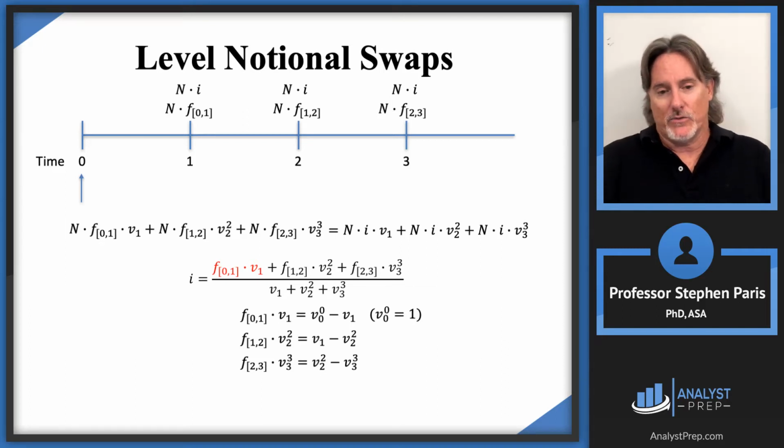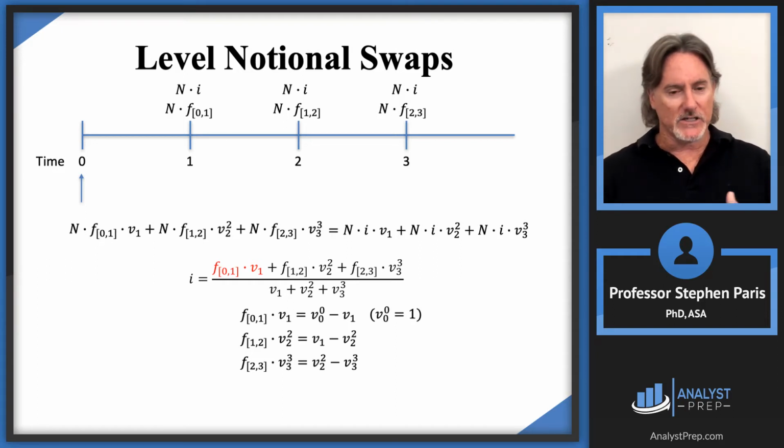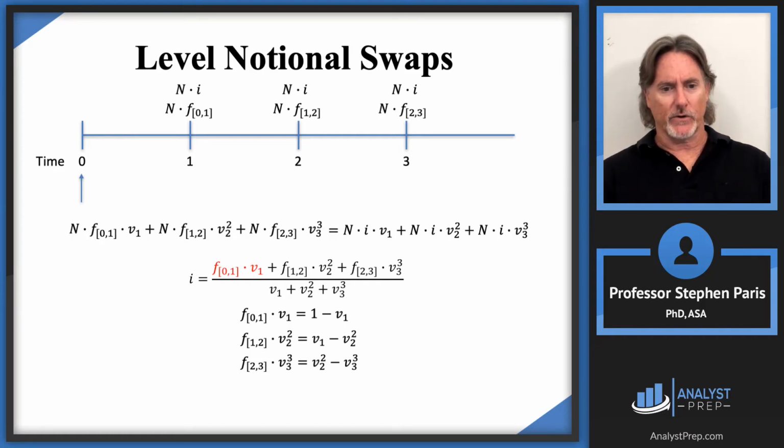I'm not sure what that is, but I'm thinking of raising it to the 0 power, and when I do so, I'm going to get 1. That's my justification for setting that equal to 1. And so the first term in the numerator of the expression for the swap rate would be 1 minus v sub 1.